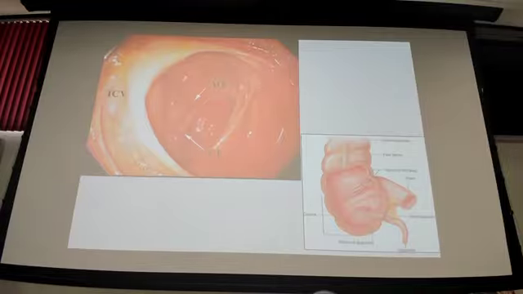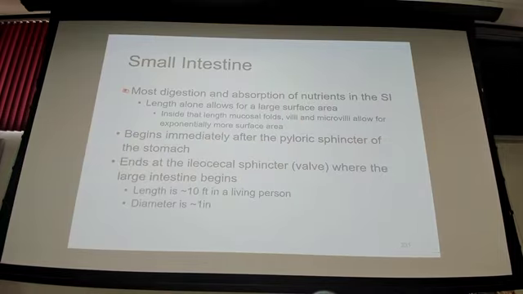So I put this on here. This is just extra. I don't want you guys to think that you have to remember this, but if you go down here, the ileocecal valve, again, none of these valves are really true mechanical closures where there's an actual piece of tissue that physically closes off the door.